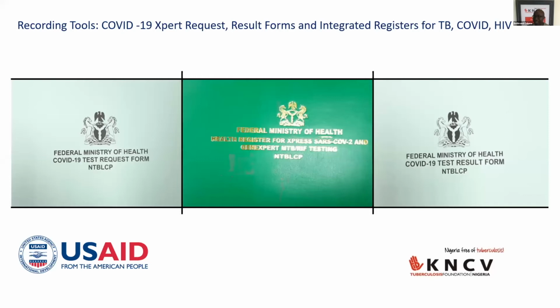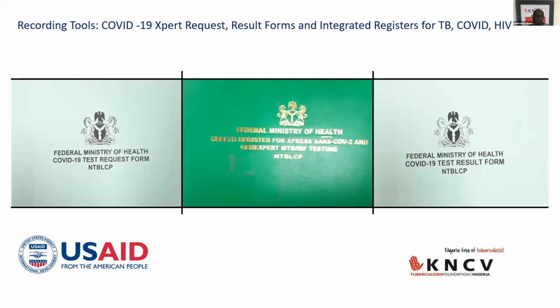Now, as I said earlier, these are very new tools that were developed for the integrated intervention, because TB is just a program and COVID came on board, but I've told you about the key similarities and the unifying factor in the integration of the two diseases, looking at GeneXpert technology, which had been deployed for TB testing and found useful in COVID testing. We worked at the laboratory subgroup to develop these key tools.